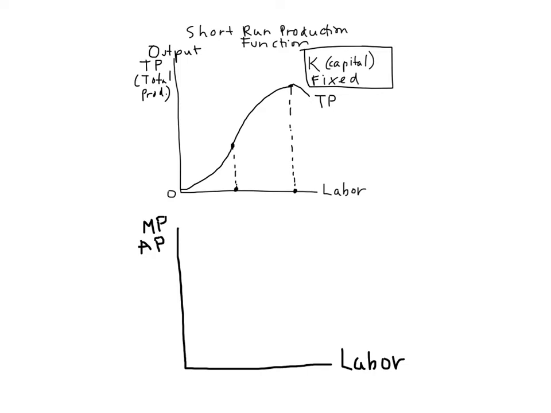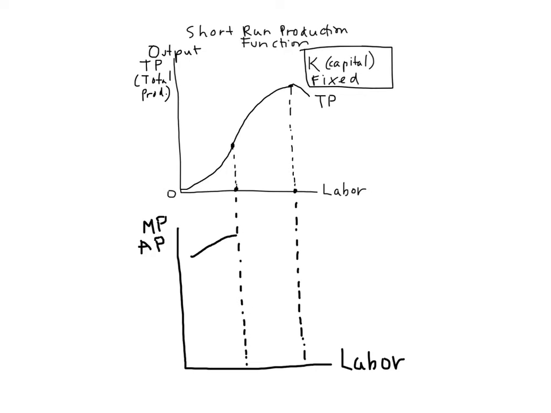Now we're going to bring these dotted lines that we had above straight down because we are working with the same x-axis. And I'll show you how that is really useful here. As long as this total product curve was curving upward, growing faster and faster, that means that the marginal product here on the bottom diagram is going up.